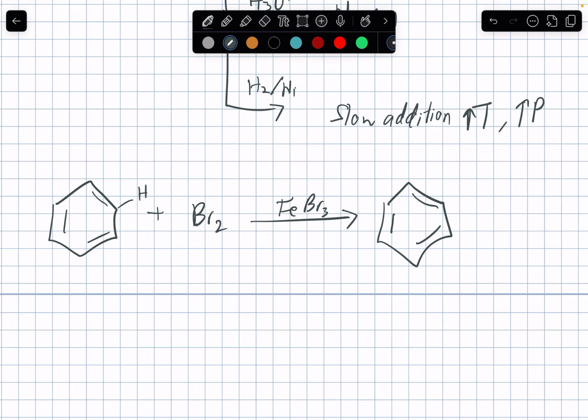So in halogenation, the first EAS reaction, we add either Br2 or Cl2, regardless of what halogen we add. Actually, no, FeBr3. If we add chlorine, this becomes FeCl3. Okay? In the place of hydrogen, we place bromine.